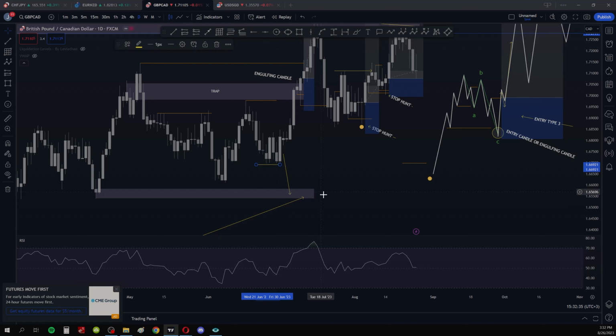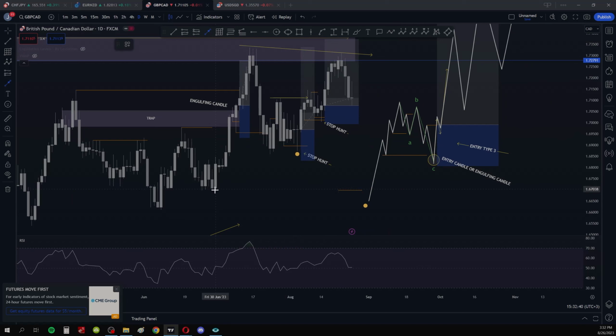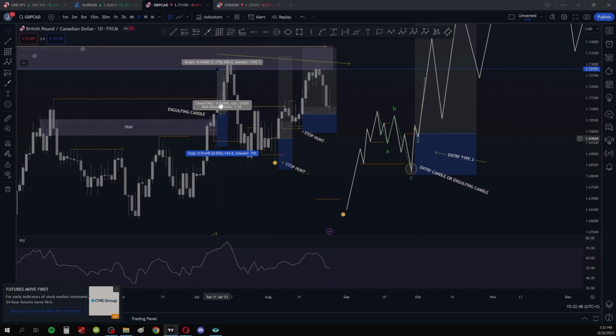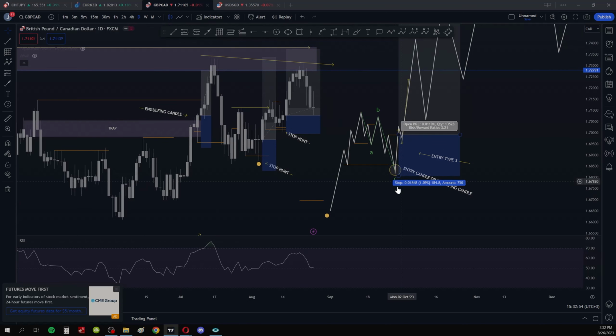I think the best choice is, again, to just wait for the first impulse and wait for the first pullback with a confirmation in form of engulfing candle or entry candle, or this ABC. If you identify the ABC, you can also just take it if we break one of these lows on the left.